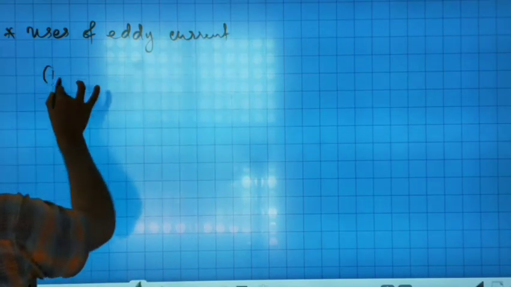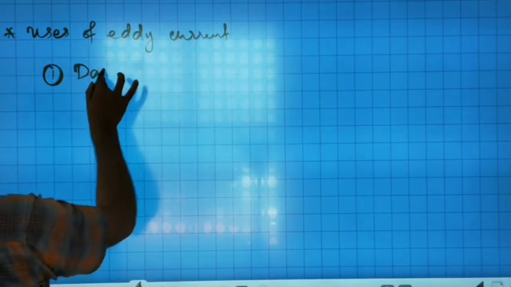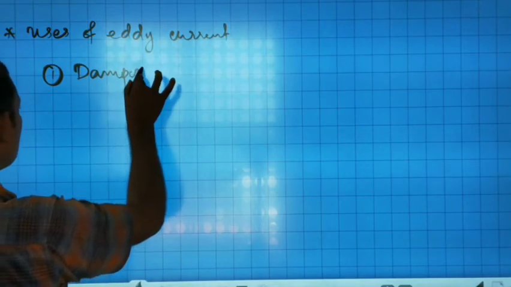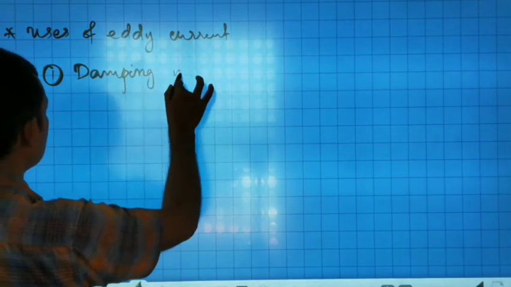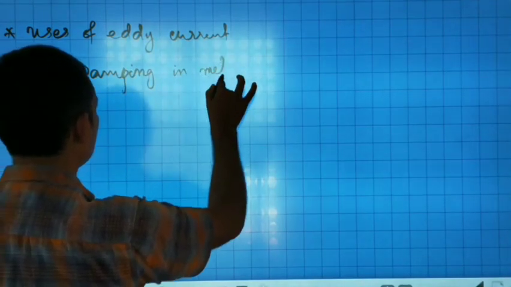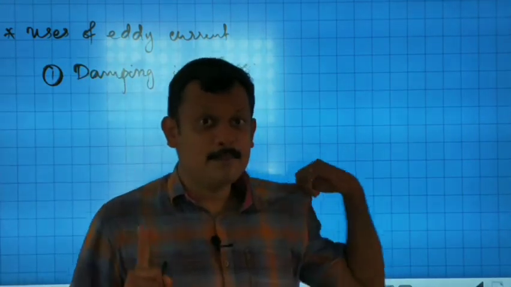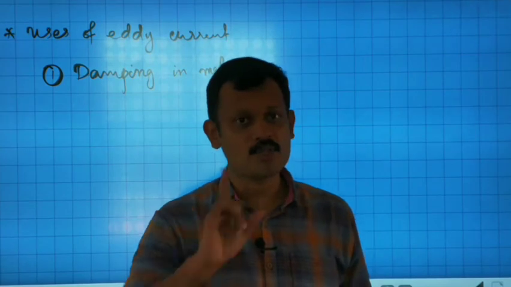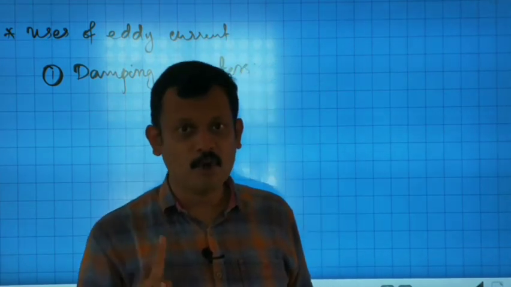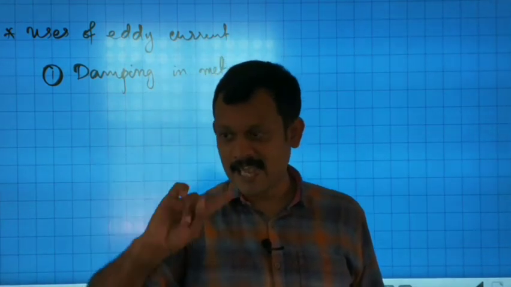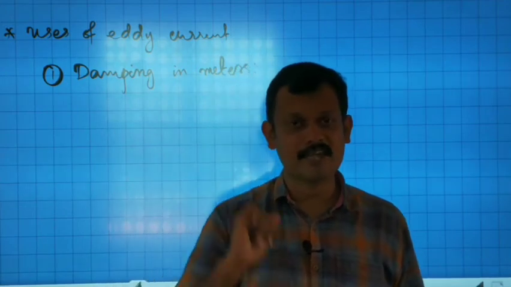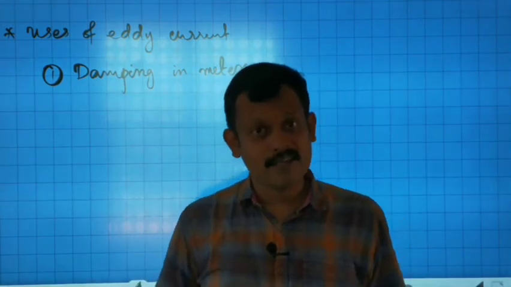The first application, not according to the NCERT order, is damping in meters. Generally, damping in meters is important because when we use a voltmeter and the needle keeps deflecting, will it be possible for you to take the reading correctly?